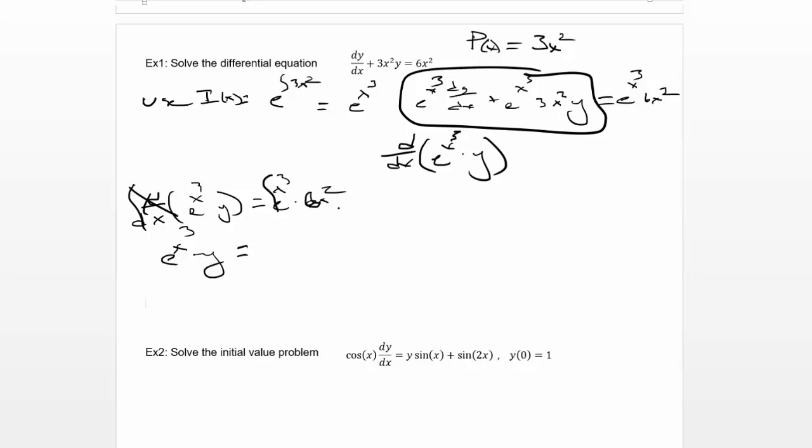Well, we see a quick u substitution. If we let u equals x cubed, we know that du is 3x squared dx. Or maybe 2 du is equal to 6x squared dx. So the antiderivative of this should be 2e to the x cubed plus c.